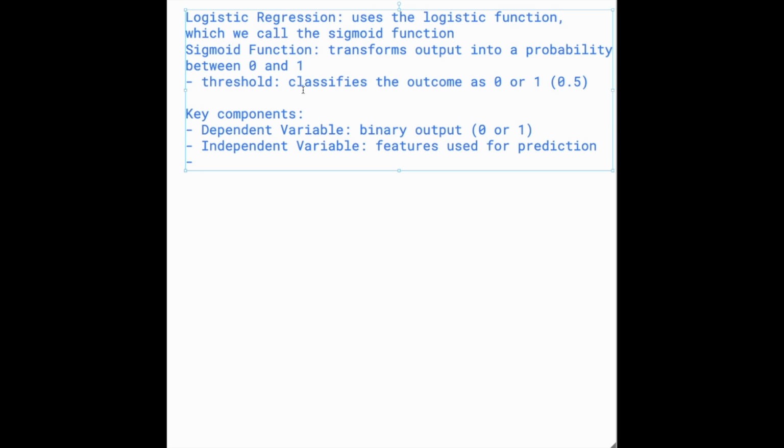Maybe if it has a dog door, that might not be as important as the area of the house. So we have coefficients, or weights. And then we have the intercept. You can think of it as where it intersects the y-axis, so the value when all features are 0.